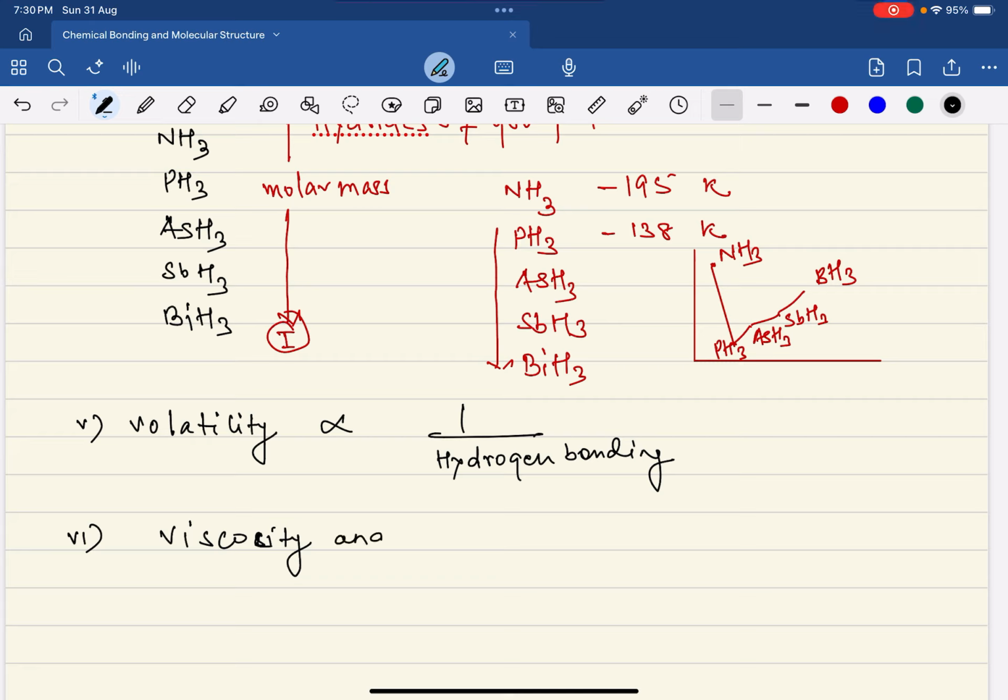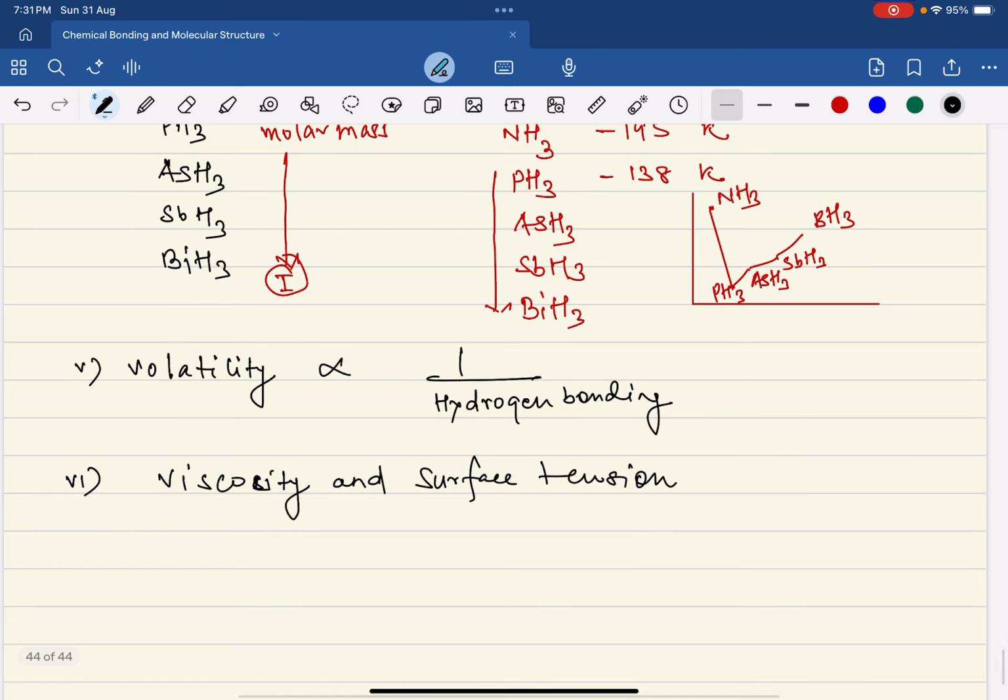Viscosity and surface tension. For example, ethyl alcohol, or ethanol, has one OH group. Glycol contains 2 OH, and glycerol contains 3 OH.